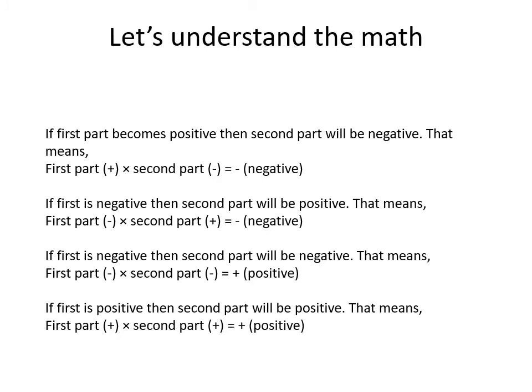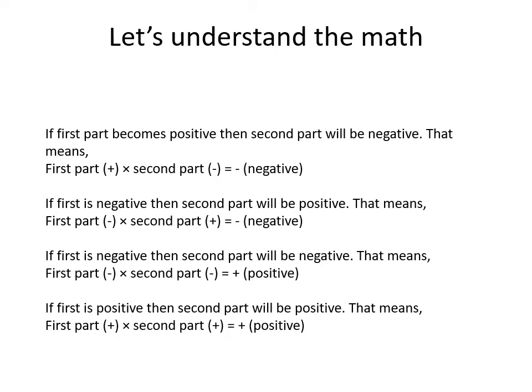Let's understand the math. If the first part is positive, then the second part will be negative. That means first part plus multiply second part minus equals negative. If the first is negative, then the second part will be positive. That means first part minus multiply second part plus equals negative.